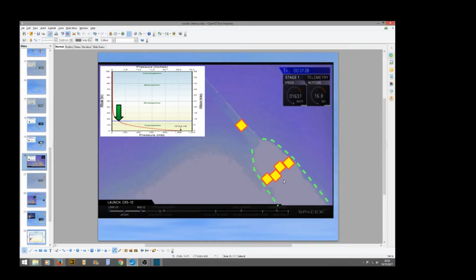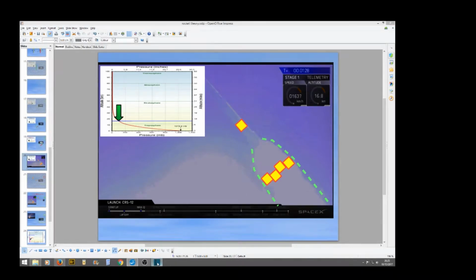At this stage, the width of the exhaust gas column is 4 blocks wide, and 1 block is the width of the diameter, I must say, of the rocket. So at 16.8 kilometers we have an exhaust column of 4 blocks.